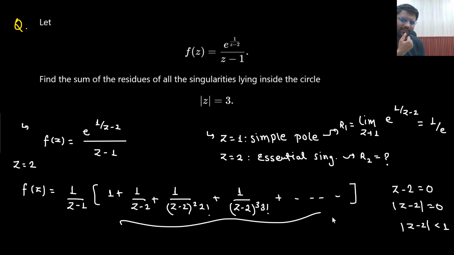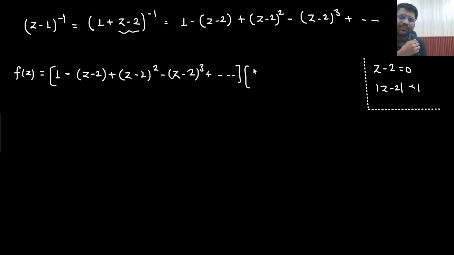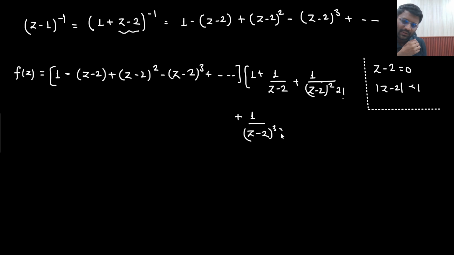And here this expression I need to write down, which is 1 plus 1 upon z minus 2 plus 1 upon z minus 2 whole square divided by 2 factorial plus 1 upon z minus 2 whole cube divided by 3 factorial and so on.